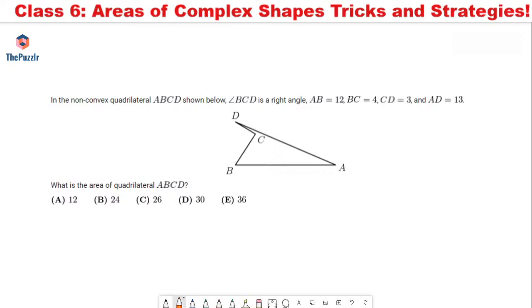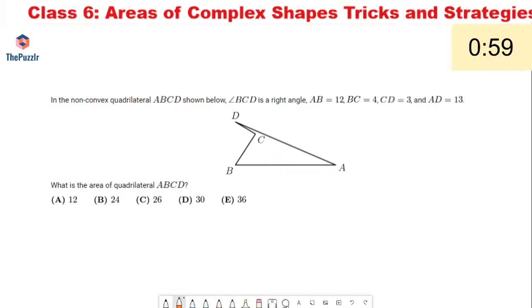Okay, let me give you guys 60 seconds to solve this problem. Okay, it's good that you guys are finding this one easy, and it's okay if you're not. We're going to learn how to solve it. The important thing is drawing in lines, right?